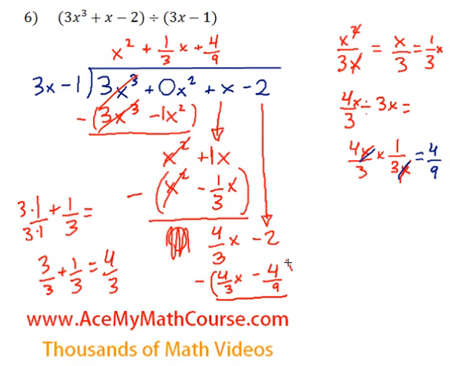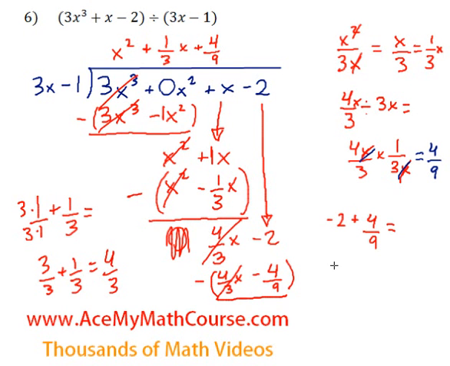At this point we can finally subtract these elements. These will cancel out. Then we will have negative 2 minus negative 4 over 9. And that will be our remainder. When we subtract a negative number, we're essentially adding it.